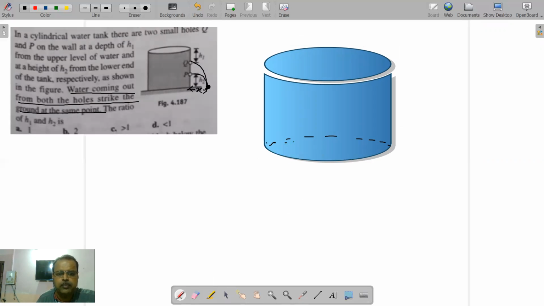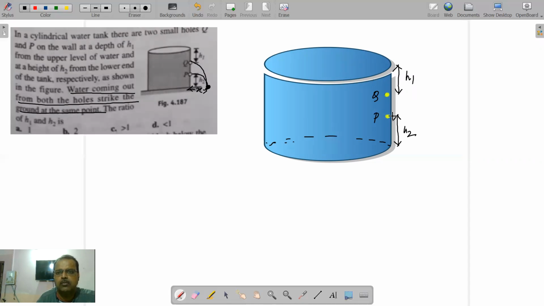This yellow point we consider as Q, and this is point P. As per the given information, the height of point Q is H1, and the height of point P from the base level is H2.